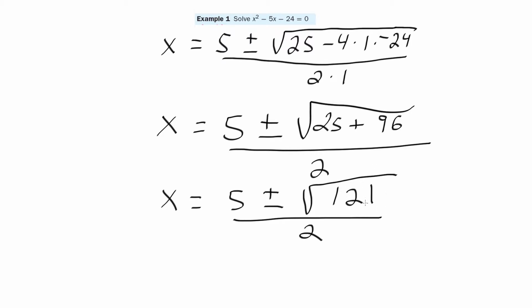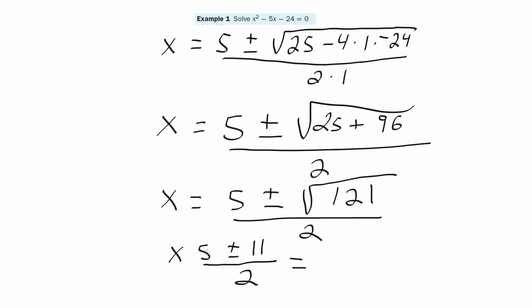That's 11, right? Because 11 times 11 is 121. So this becomes x equals 5 plus or minus 11 all over 2. And 5 from 11, or excuse me, a negative 11.